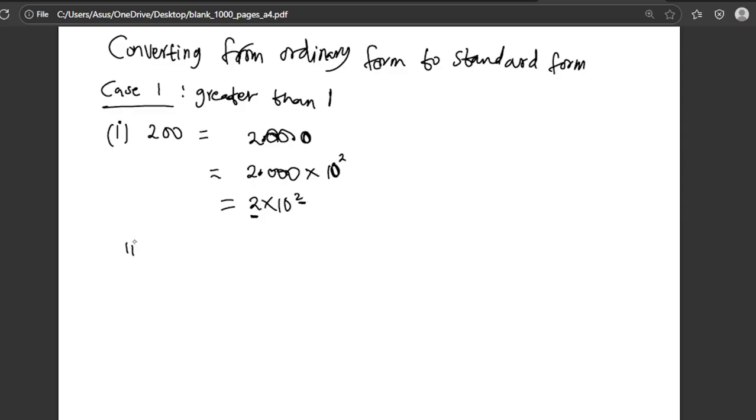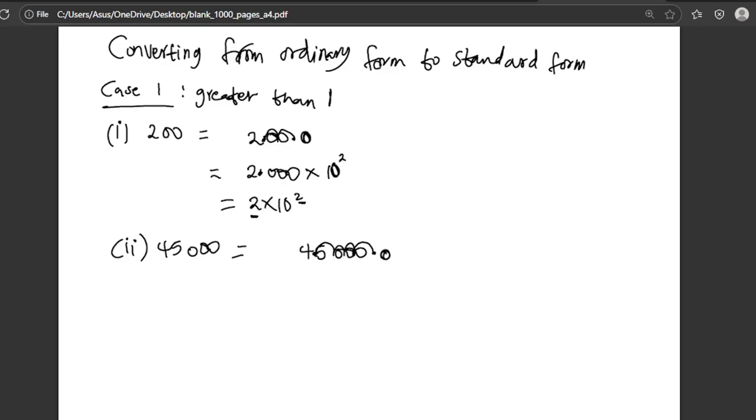Second question we have is 45,000. Standard form. What do we do? For the 45,000, we write it as 45,000.0, right? Then move to the left-hand side: 1, 2, 3, 4.